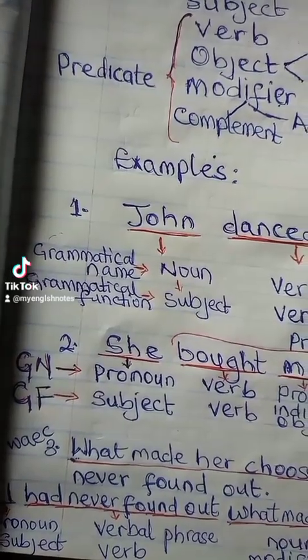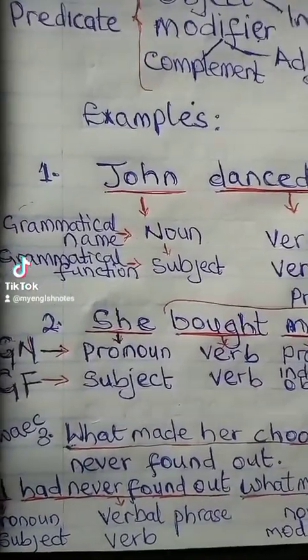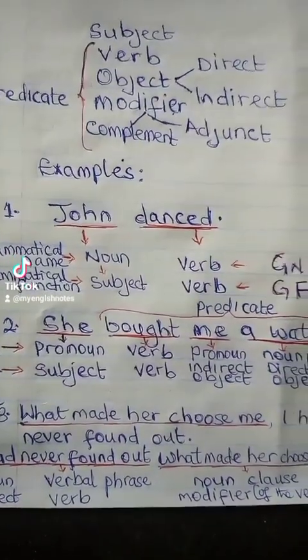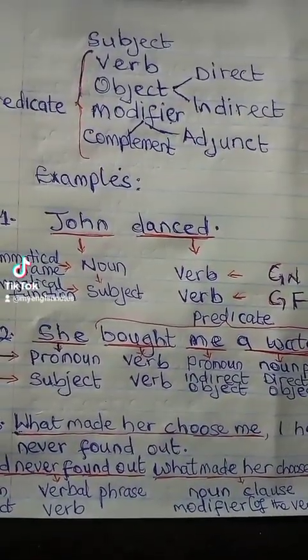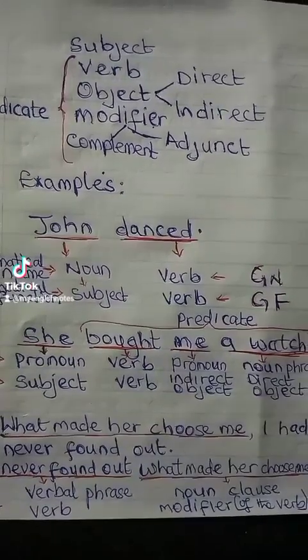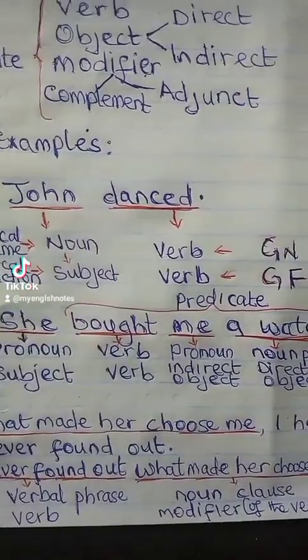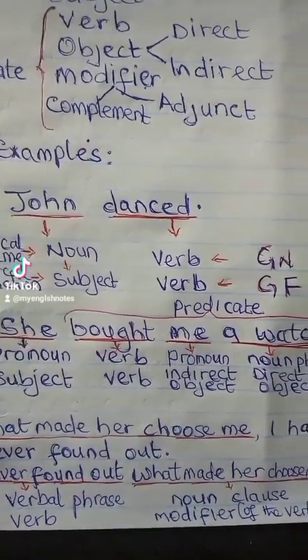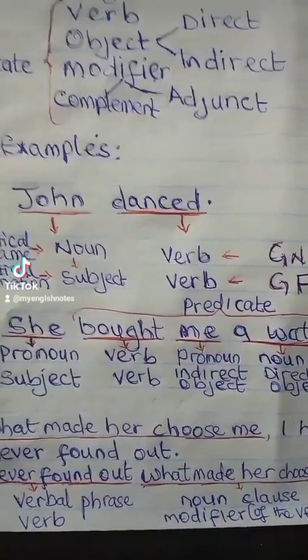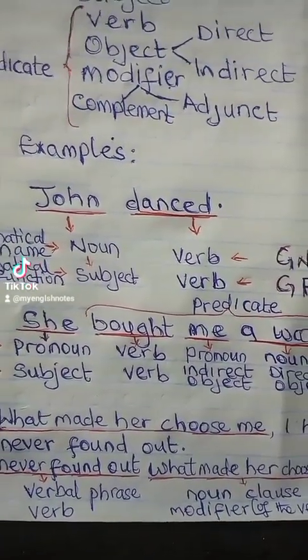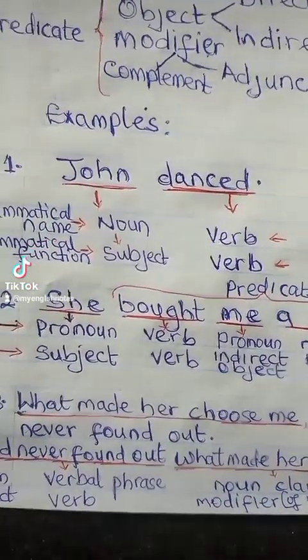So the grammatical function for John in this sentence is subject. Now look at danced. That's the verb. It is an intransitive verb. It does not require an object. The grammatical name is verb and it is also functioning as a verb. That's the grammatical function in this sentence.